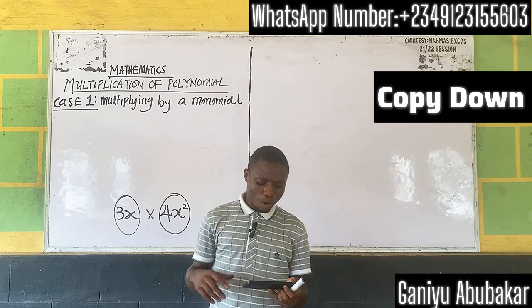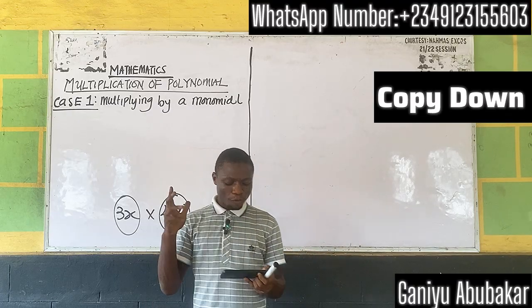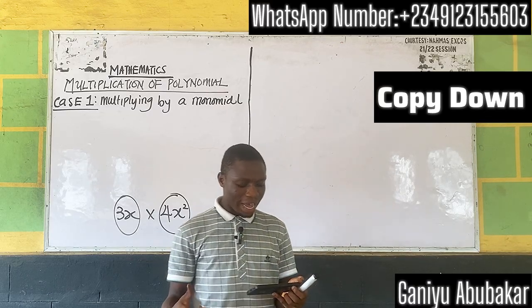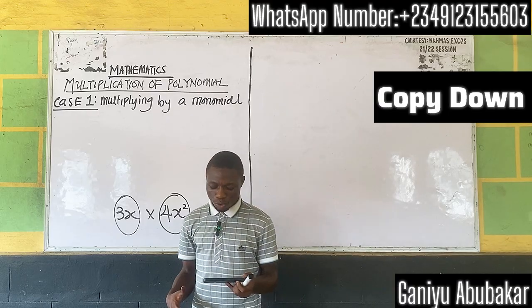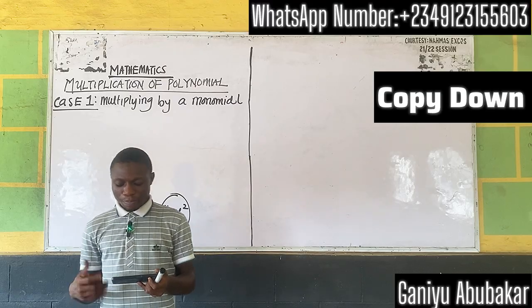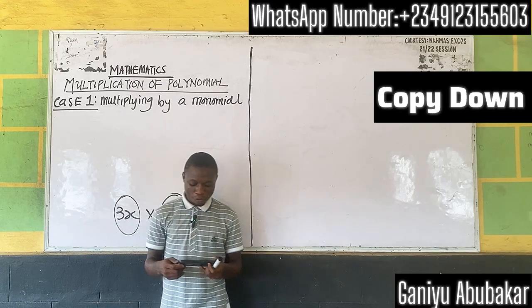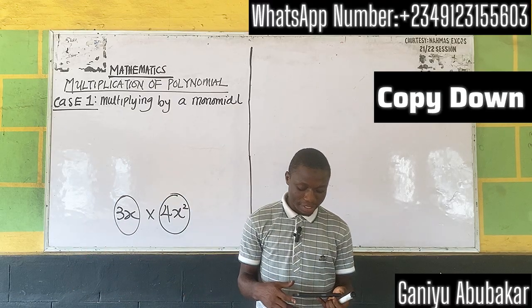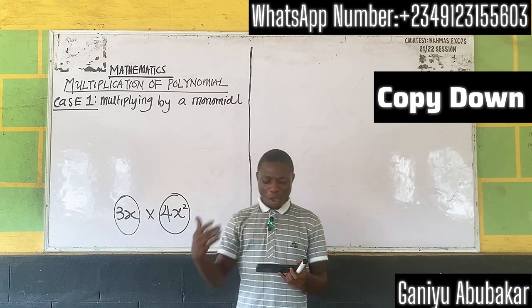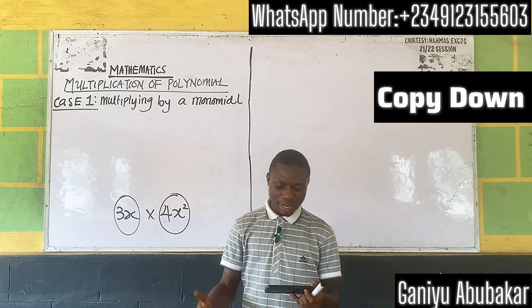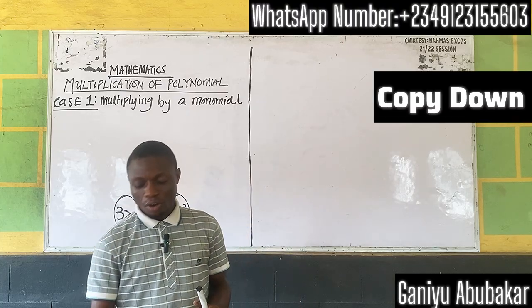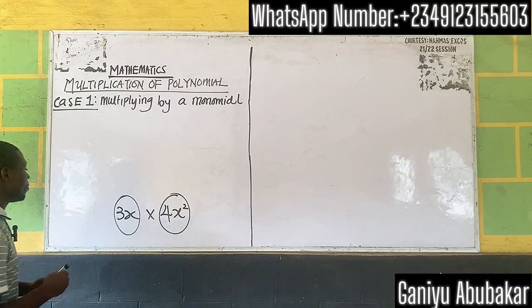To find the product of monomials, multiply the coefficients and add the exponents of variable factors with the same base. Let's take an example.